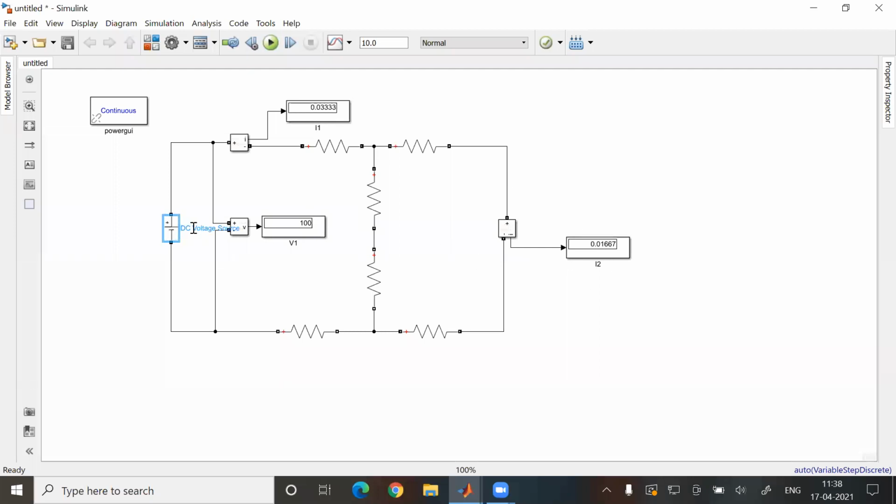This value is your 100 volt. This is your 1 kilo ohm. Let me see, it gives permission to write for all or not. 1k, 1k.